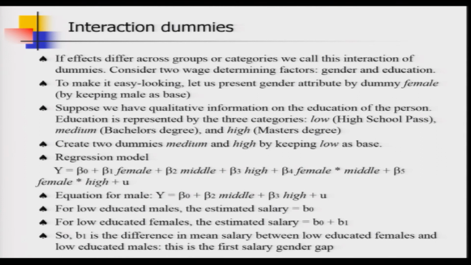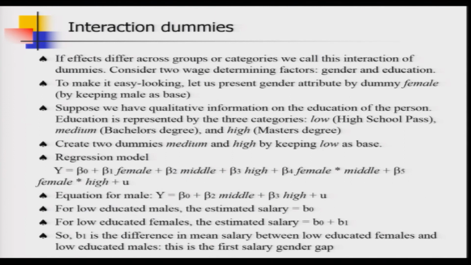So beta 1 times female will drop out from the equation, beta 4 times female times middle, that expression will also drop out from the equation. So finally also beta 5 times female times high will also drop out. So we have a very simple equation which says that y equals beta naught plus beta 2 middle plus beta 3 high plus u.